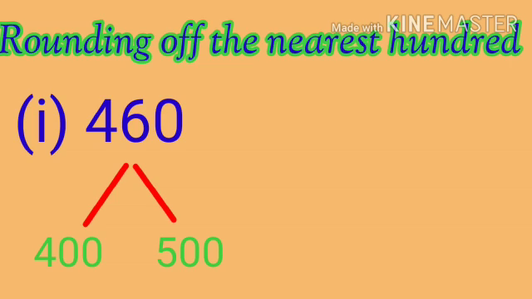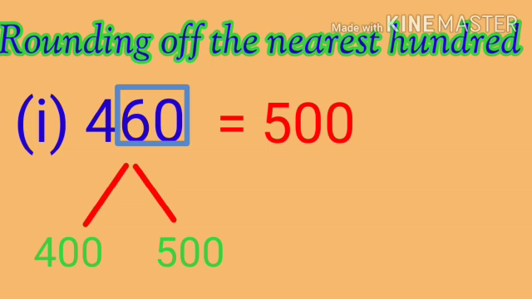Now let us move to rounding off to the nearest 100. Let us say the number 460. Is 460 closer to 400 or 500? 460 has 60, which is more than 50. So we will round it off to 500.